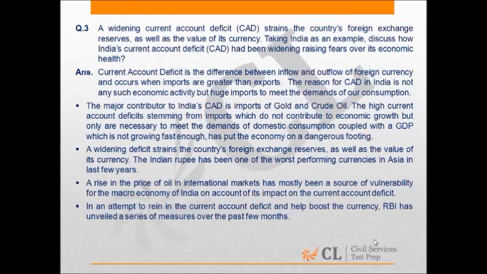These all comprise the current account. Now what is the current account deficit? CAD is the difference between inflow and outflow of foreign currency, and the deficit widens when imports are greater than exports.